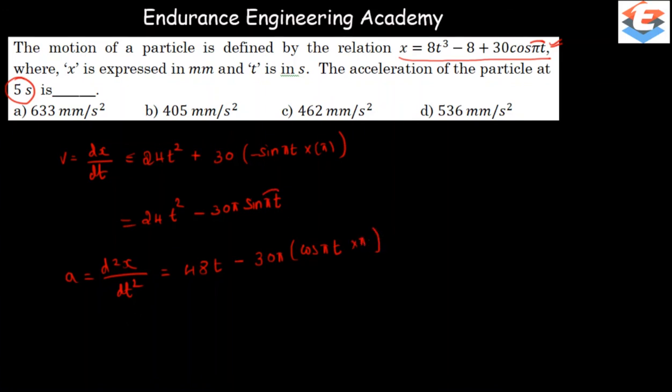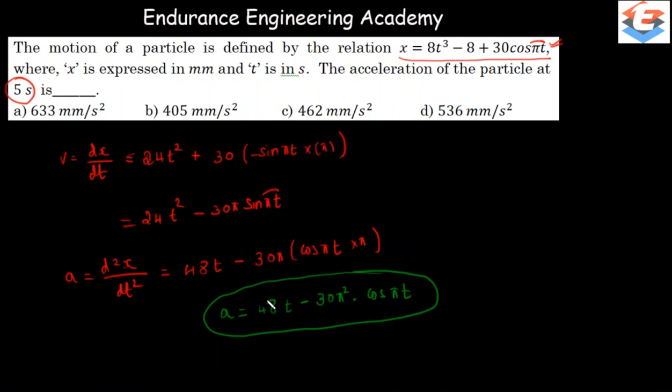So finally, my acceleration final equation is 48t minus 30 pi square into cos pi t. So this is going to be our acceleration final formula.